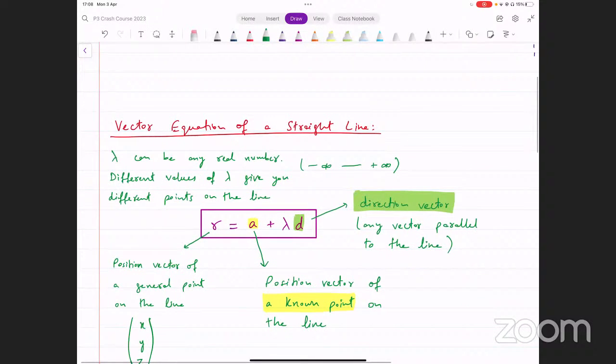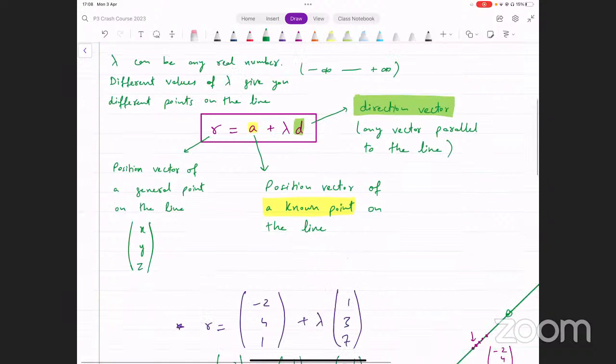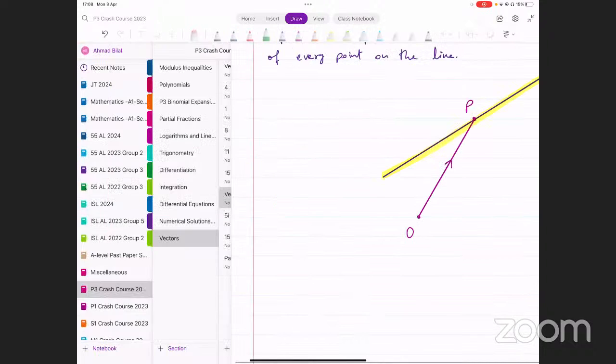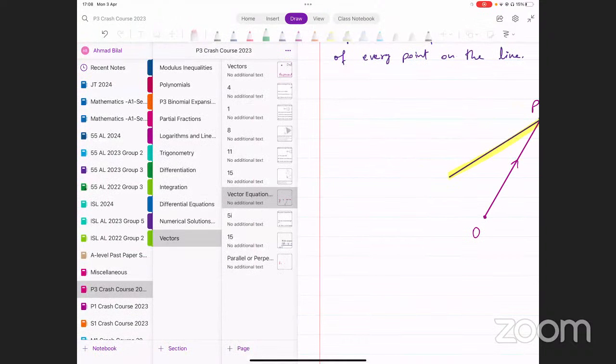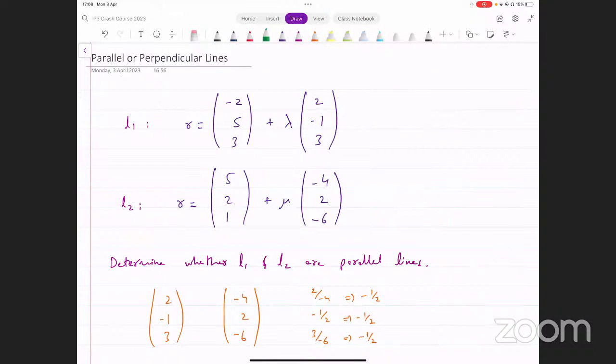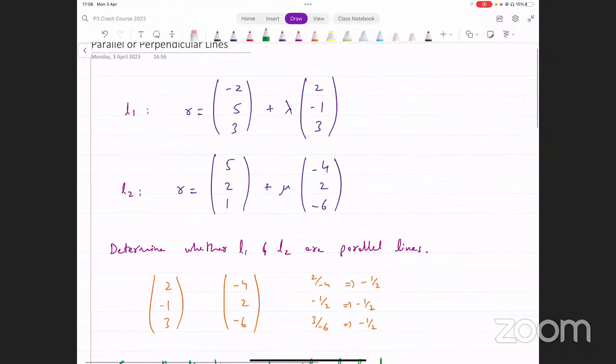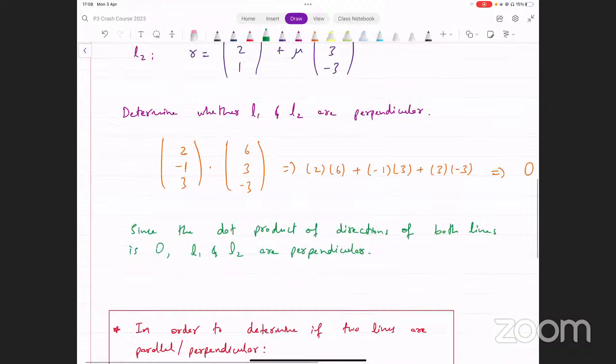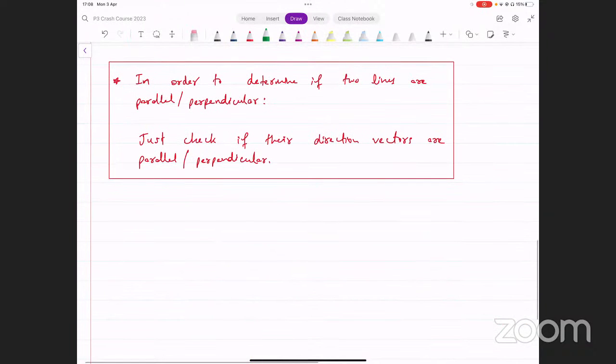Okay. So that's how we write down the equation of a line. Then we learned how to determine whether two lines are parallel or perpendicular. All you have to do is just check whether their directions are parallel or perpendicular. Okay, just using that, we can determine whether those lines are parallel or perpendicular.